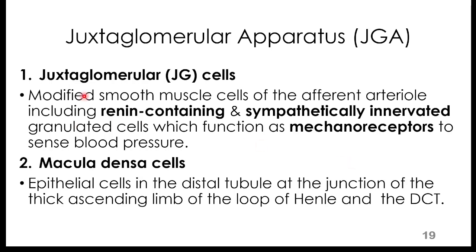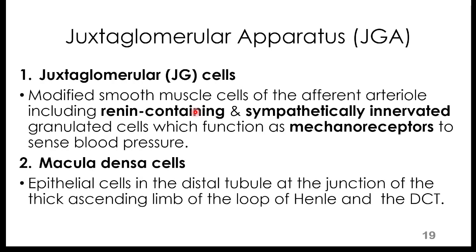Now, the juxtaglomerular cells, also referred to as JG cells, are modified smooth muscle cells of the afferent arteriole. Some of them contain renin, and they are sympathetically innervated, which means that sympathetic stimulation can cause them to release renin.